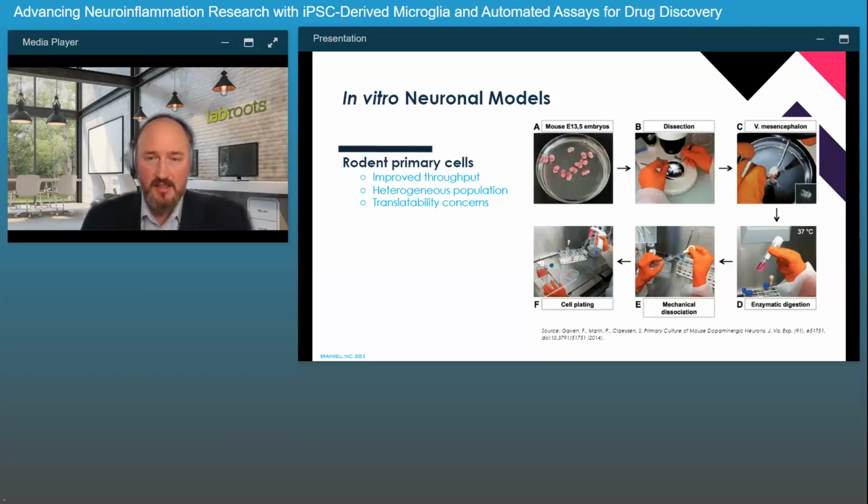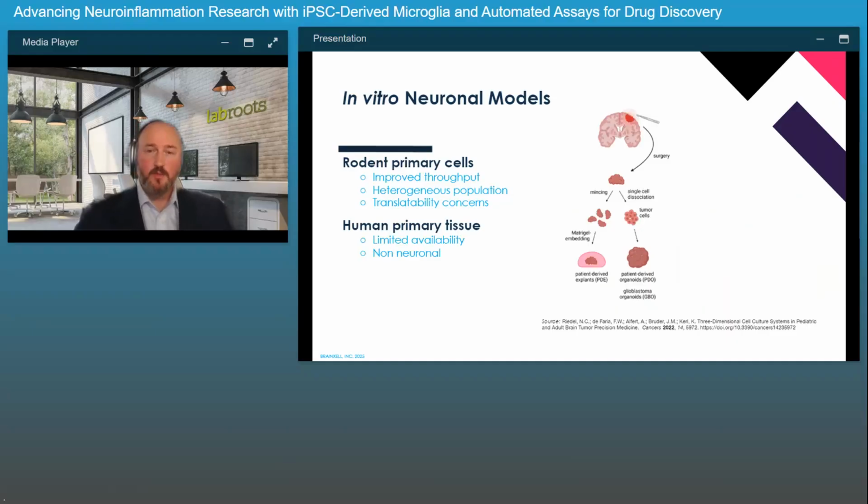One of the challenges here is obviously throughput. It can potentially take a lot of animals to generate a very high number of cells, and you often end up with a heterogeneous mixture of different neurons. And then there's also a challenge in terms of translatability. Obviously, if we are developing therapeutics for humans, using mouse and rodents isn't really a perfect model. But again, this is one of the most common approaches.